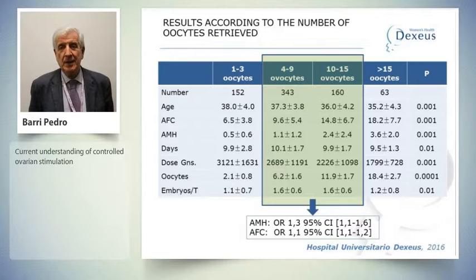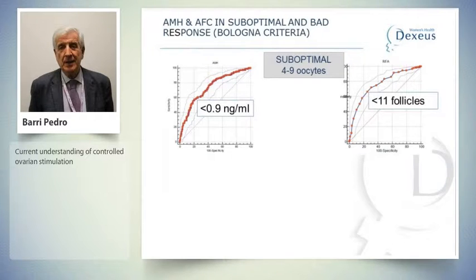So by using these 2 markers, you can predict those patients that will present a suboptimal response, and maybe you should use another protocol, or introduce some new strategy in order to move patients from this group to this one. And we consider the markers in our center, according to our own material, for a suboptimal response, 4 to 9 oocytes, an anti-Mullerian hormone of lower than 0.9 nanograms and less than 11 antral follicles.